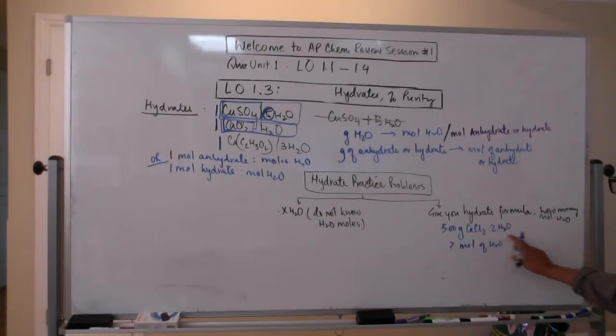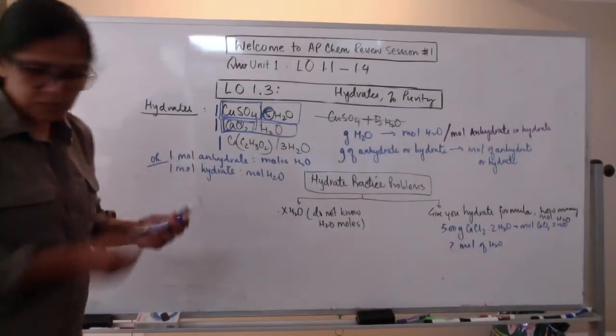You will get the molar mass of this entire hydrate, Ca plus 2Cl plus 2 of the water molecules. Divide 5 grams to get moles of CaCl2·2H2O. Now you know 1 mole of CaCl2 will make 2 moles of water. See, you're using mole ratios again. 1 mole of CaCl2 will lose 2 moles of water. So whatever X moles you had will lose that many moles of water. By using that ratio, you can solve this type of problem.